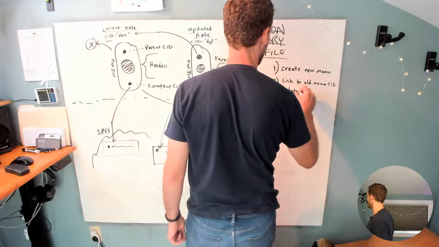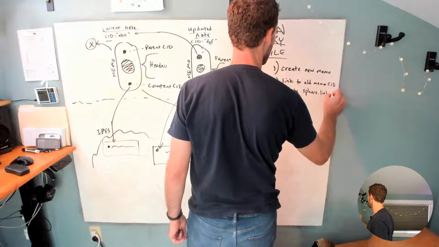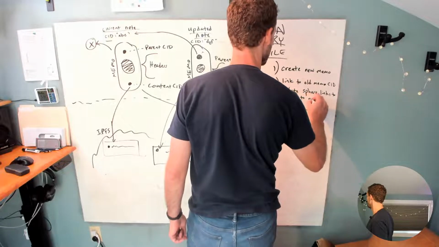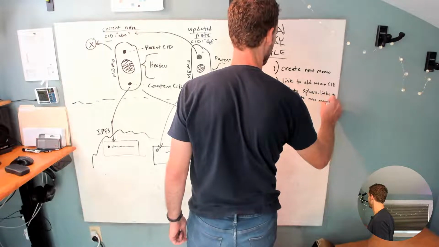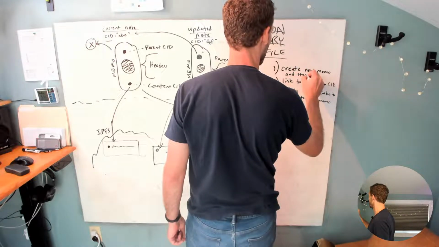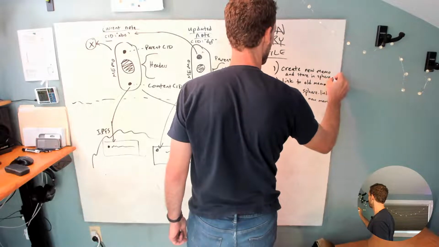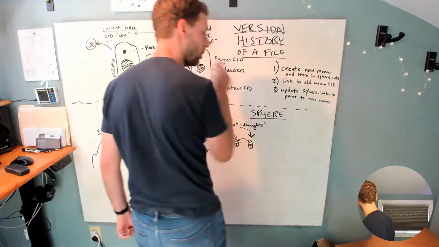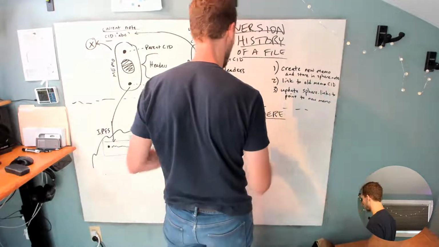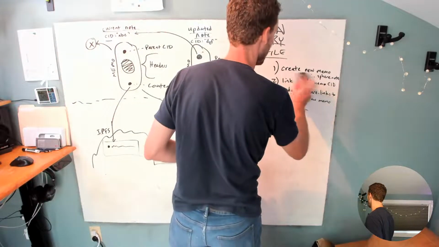Update sphere.links to point to new memo. Create new memo and store in sphere.notes. All right, so we'll create a new memo, we'll store it in sphere.notes, we'll link to the old memo CID. I don't like this ordering now. Okay, hold on. This is slightly less clear with the and.